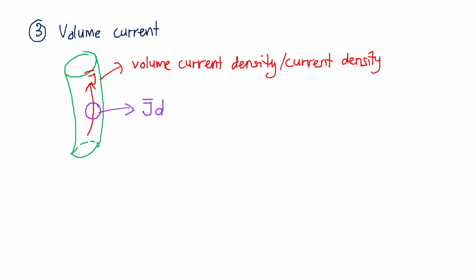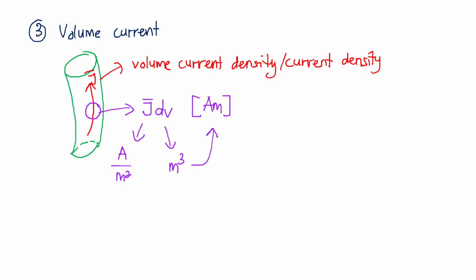So this will give us dV. Again, the unit will be ampere meter. J here is ampere per meter square, and this dV is meter cube. Thus, it will give us ampere meter.